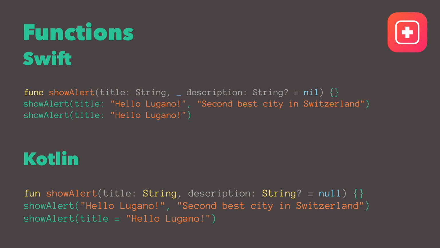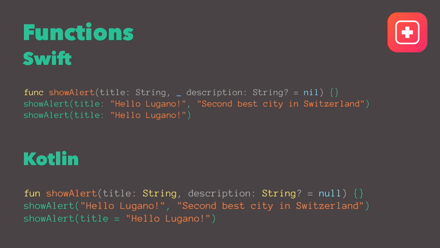Functions. So let's define a function in Swift. You use the func keyword. Here, a show alert that takes a title and description. Here, the title is just a string, and the description is an optional string. The description has a default value, nil, so you don't have to use it.